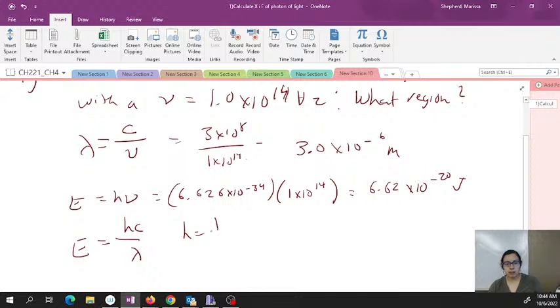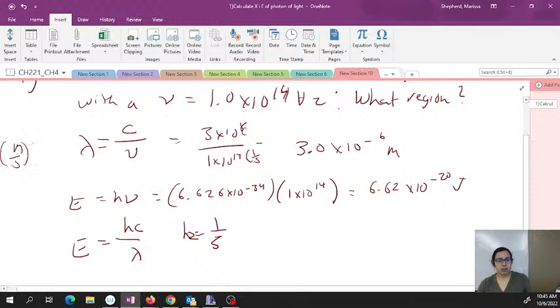Hertz is equal to 1 over seconds, right? Yes. For the 3.0 times 10 to the negative 6, could that have been meters over seconds? No. On the bottom we had 1 over seconds, so it would be meters seconds, divided by 1 over seconds, but then that 1 over seconds flips to give you seconds.